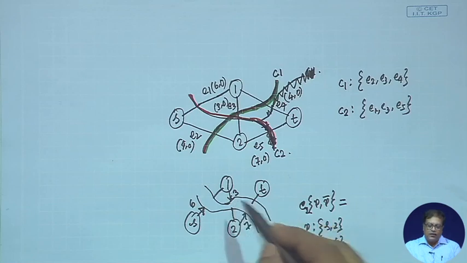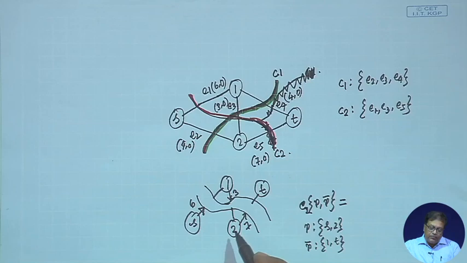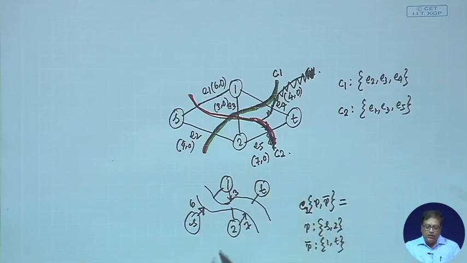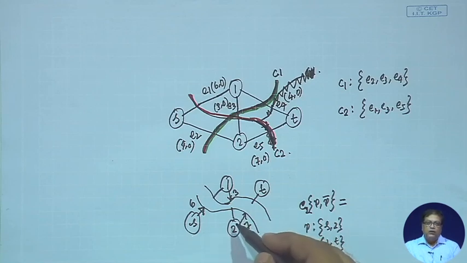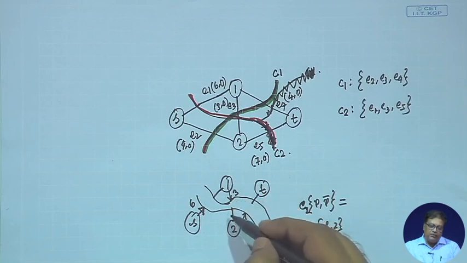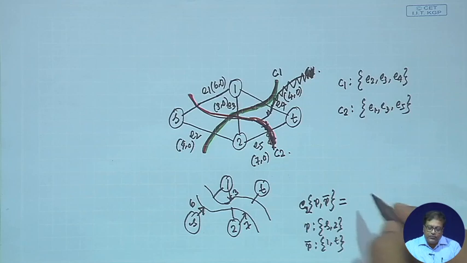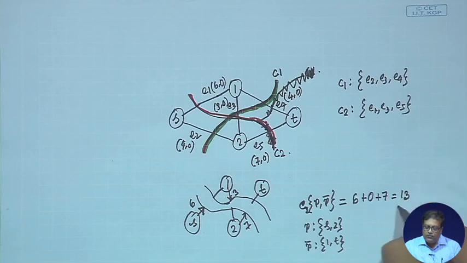But in this case the flow is cut from 2 to 1, not from 1 to 2, because 2 is on the S side. So, we really do not need to take 1 to 2 capacity, but 2 to 1 capacity, which is 0. So, it should be 6 plus 0 plus 7 equal to 13.